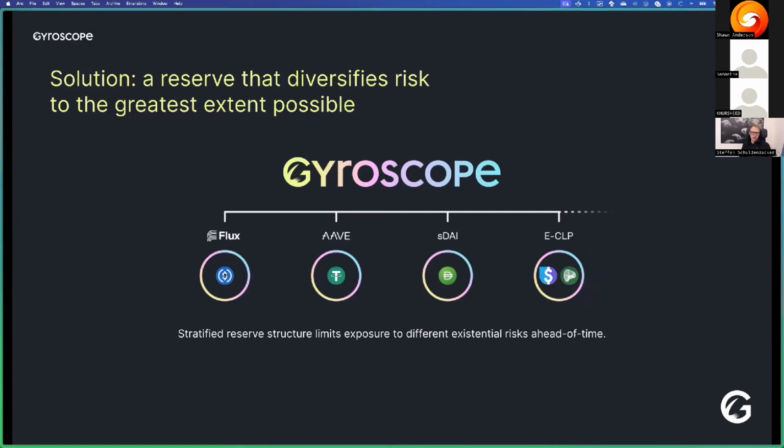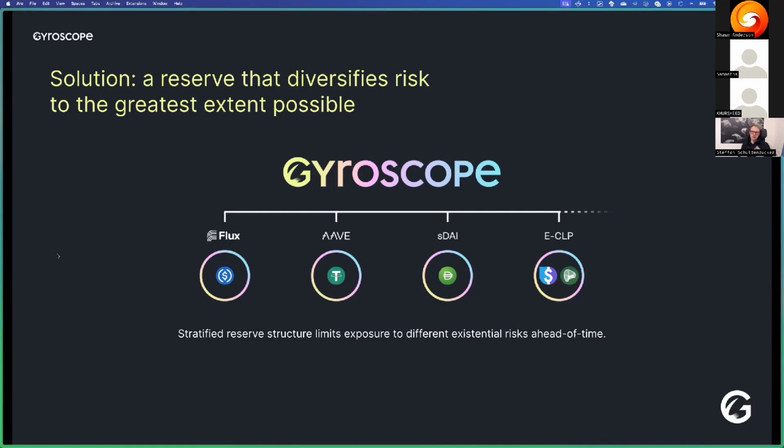And it has a balanced portfolio of different underlying assets. These are all stablecoins invested into different strategies. Right now, this is USDC in Flux, USDT in Aave, sDAI, so that's DAI in the DAI savings rate, and then a pool of Curve USD and USD. And so the yield strategy there is spot fees.